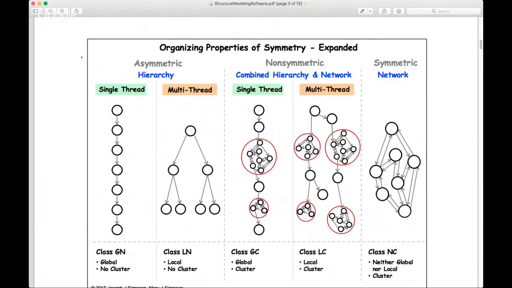Because as you can see here in the single-threaded one, this is an irreflexive, asymmetric, transitive relationship that creates a single thread. In the multi-threaded one, in the hierarchy, you can see it's irreflexive, asymmetric, and transitive. And so they both have the same logical properties, but they appear to need different algorithms.